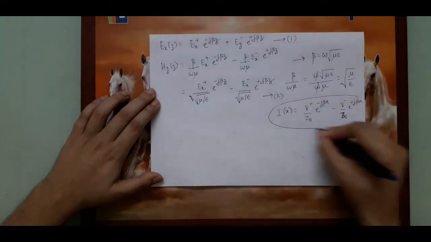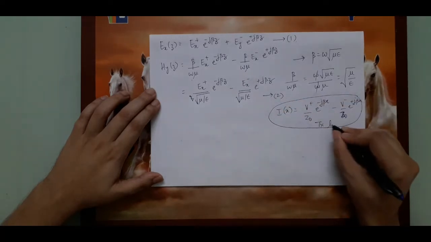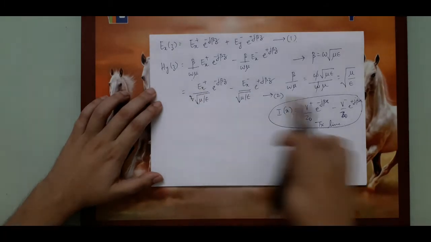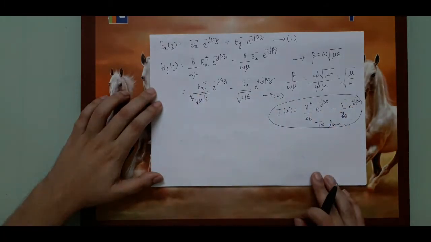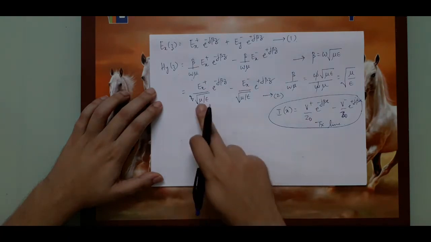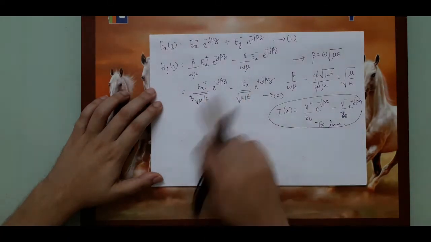This was for the transmission line. So likewise for E and H fields, we do have something in the denominator also.